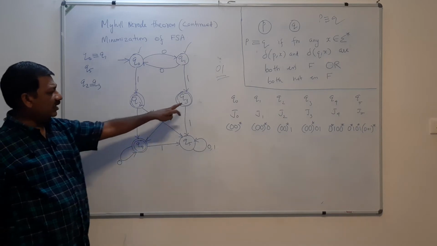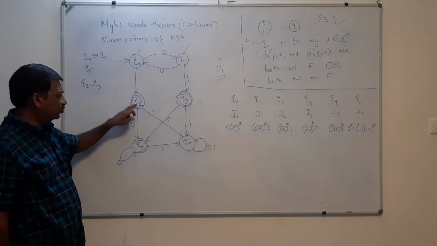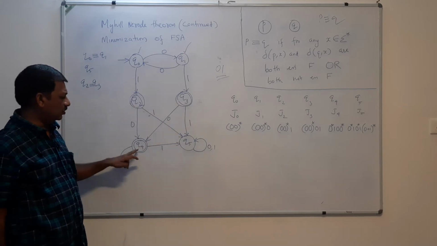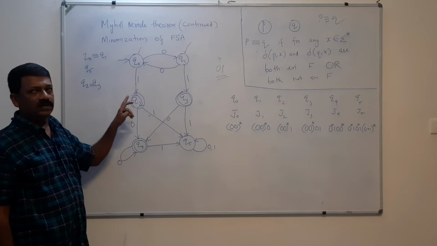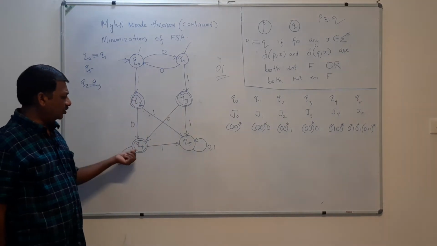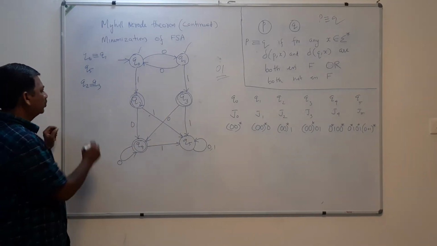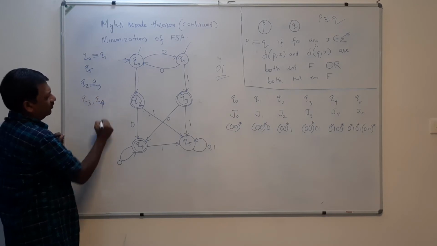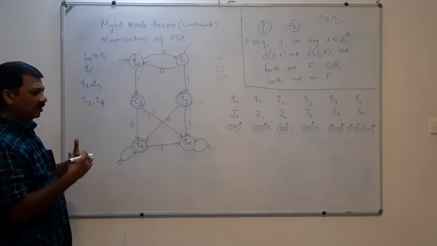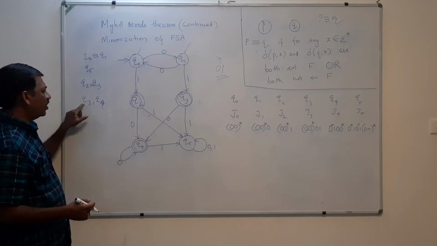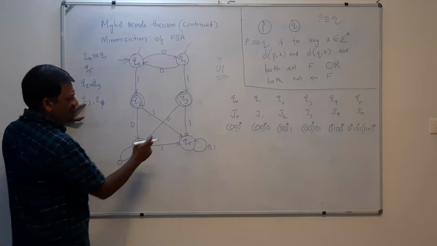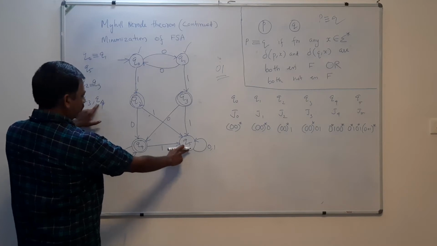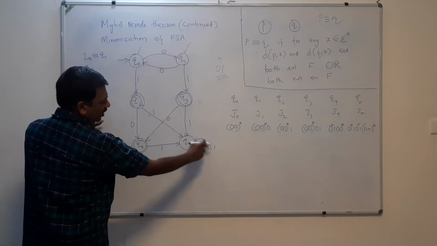Now you have to test whether Q3 and Q4 are equivalent. If Q2 is equivalent to Q3 and Q3 is equivalent to Q4, then these three are equivalent. We test the string 1, 1. Q3 on 1, 1 reaches Q5, and Q4 on 1, 1 again is Q5.